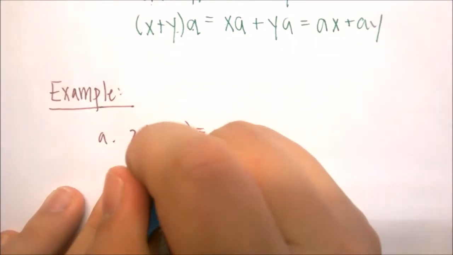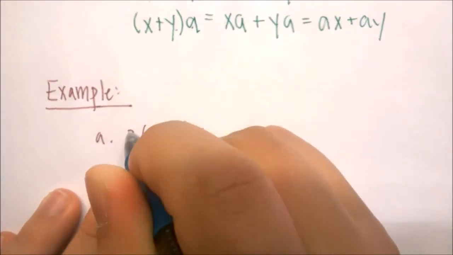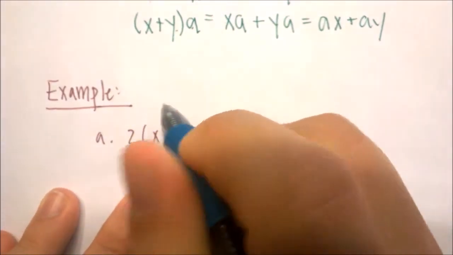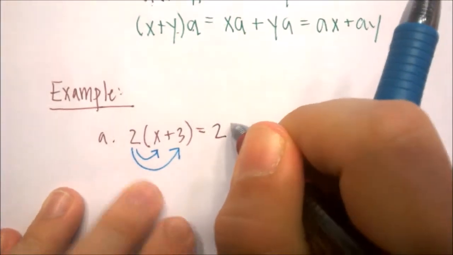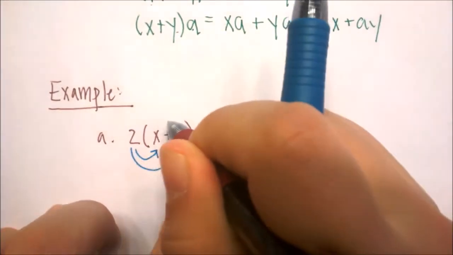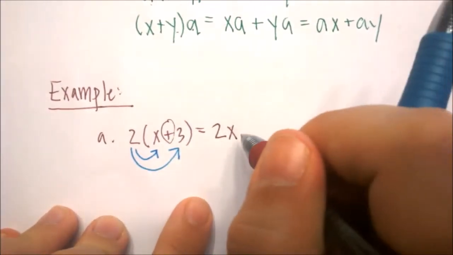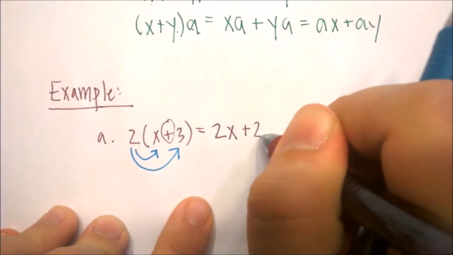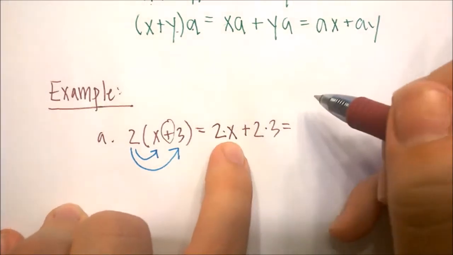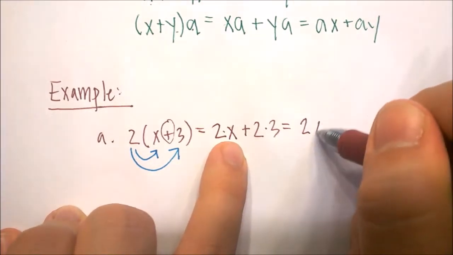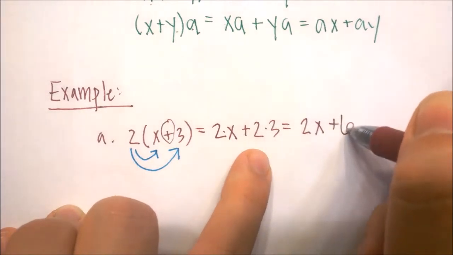So first we're going to multiply it by the x, and then we're going to multiply it by the 3. So we get 2 times x, and our operation here is addition, plus 2 times 3. And then we can just multiply this out. So this becomes 2x plus 6.